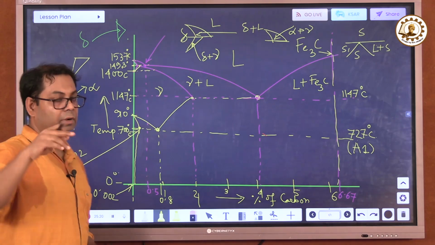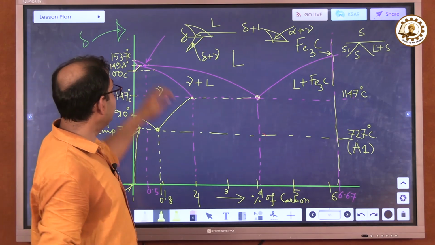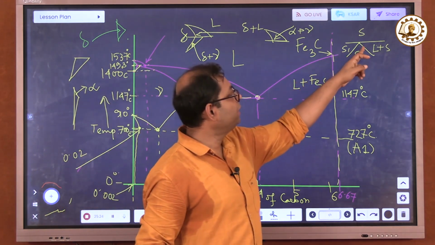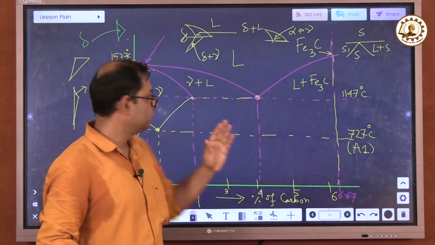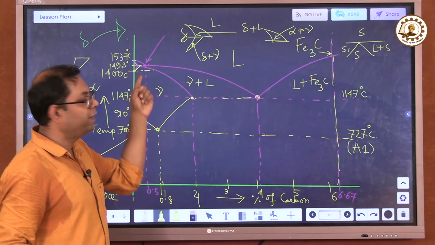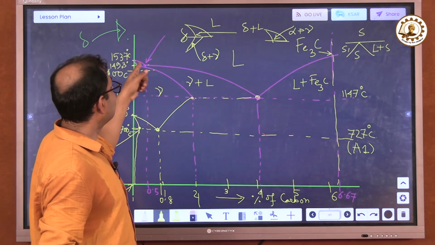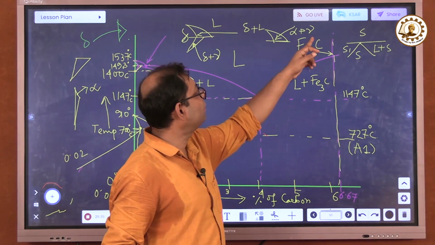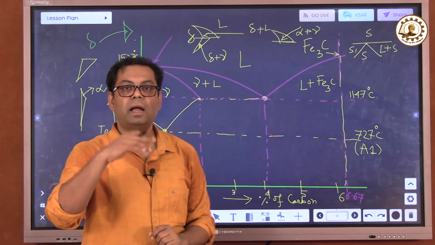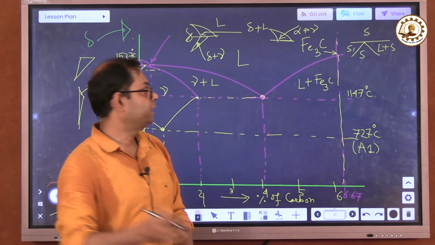Okay, remember what I am telling? I repeat once again. You are getting some inverted type of curve at this particular point, above which there is a combination of alpha plus gamma, that is gamma austenite.